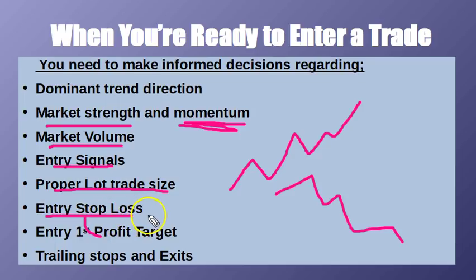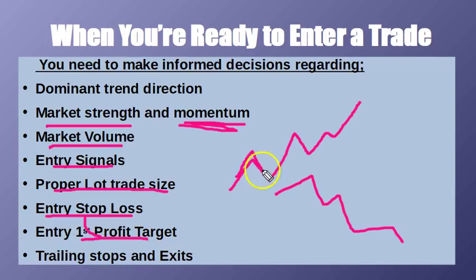So when you enter a trade, you obviously need an initial stop loss that protects your trade from going too far in the opposite direction. And an entry first profit target. So whenever you enter a trade, you need an idea of your first profit target.